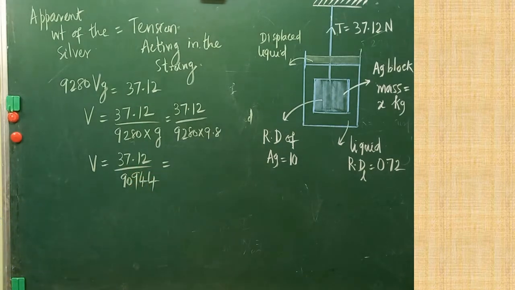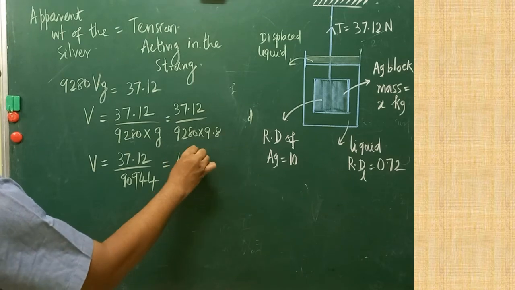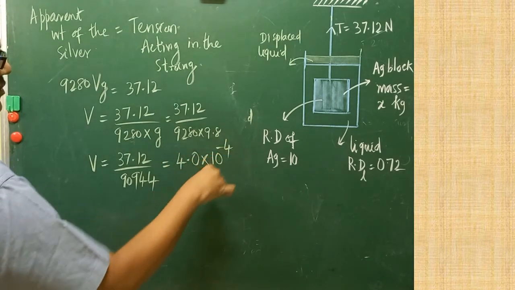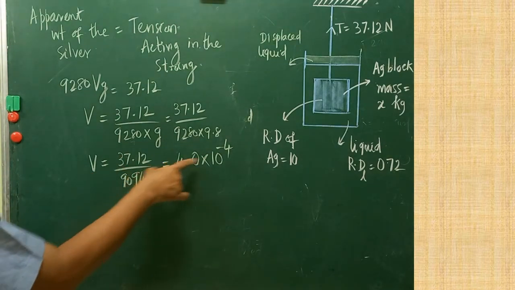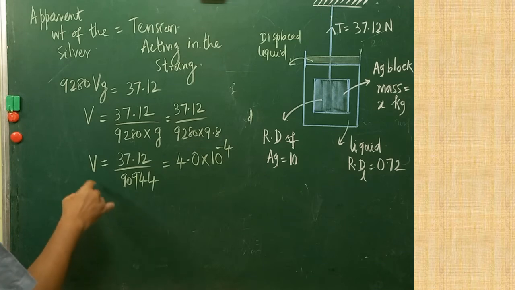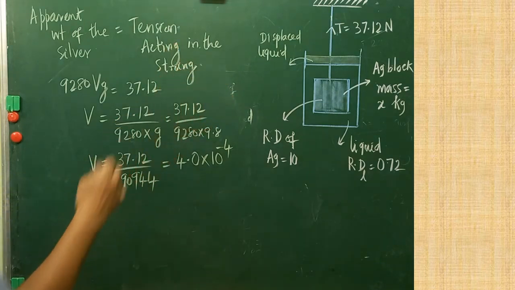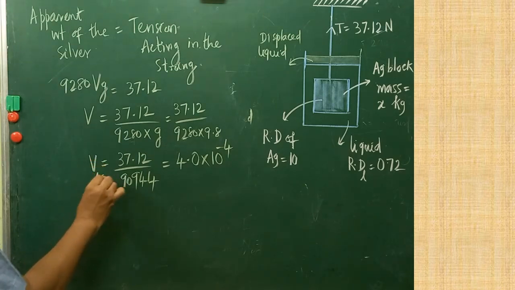So after division, you will get the answer as 4.0 into 10 to the power of minus 4. This is a smaller number, and this one is a bigger number. So this is the volume of the liquid displaced, or of the Ag block. So the volume of the Ag is calculated.